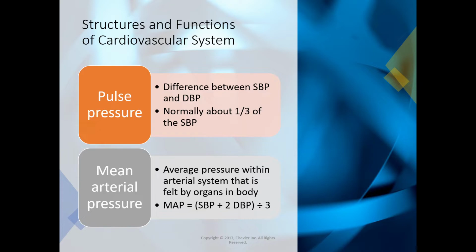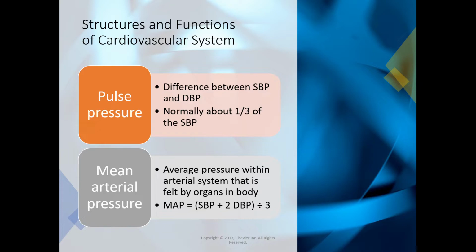Bottom line with this slide, the MAP is extremely important as well because it's the average pressure within the arterial system that is felt by the organs in the body. Basically, within the arterial system, it's the average pressure across, right? That doesn't mean that it's the average of the diastolic with the systolic, right? And how do we calculate this?